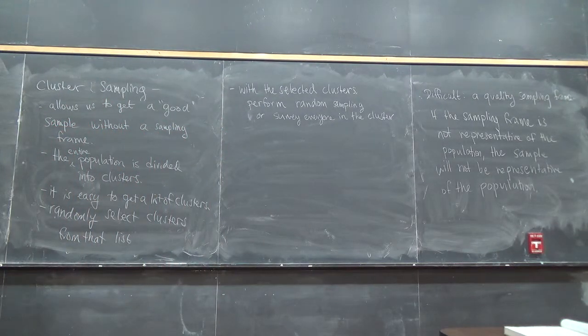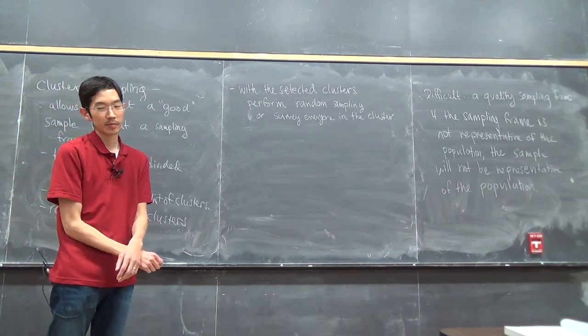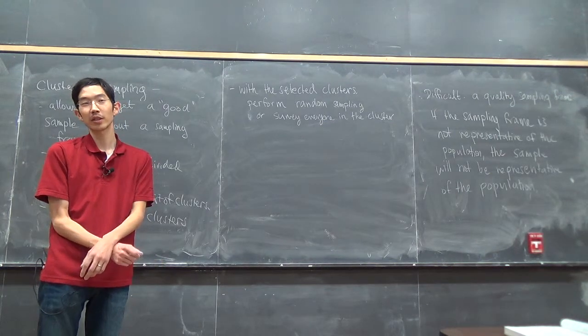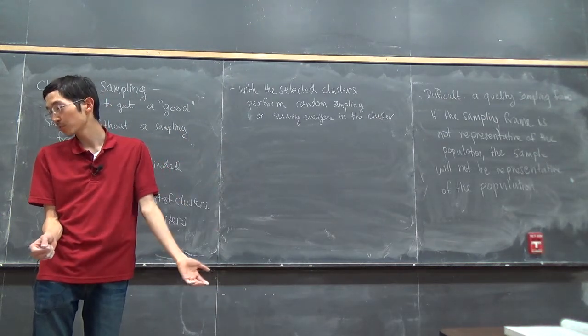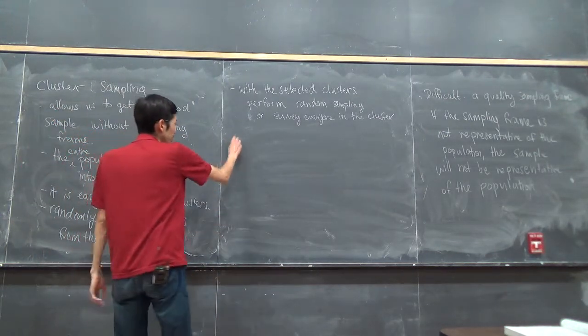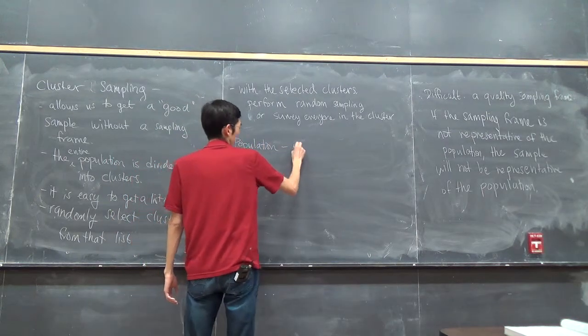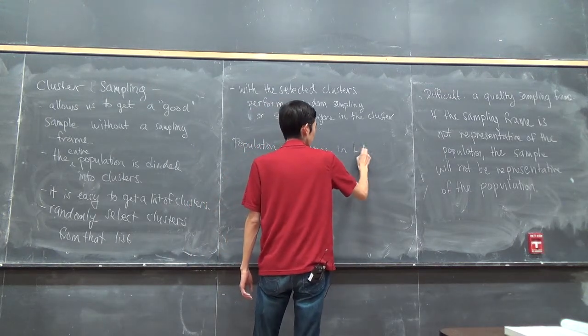So, for example, let's say you wanted to take a survey of people who attend church in Los Angeles. Okay, so in this case, the population is everyone in Los Angeles who goes to church.